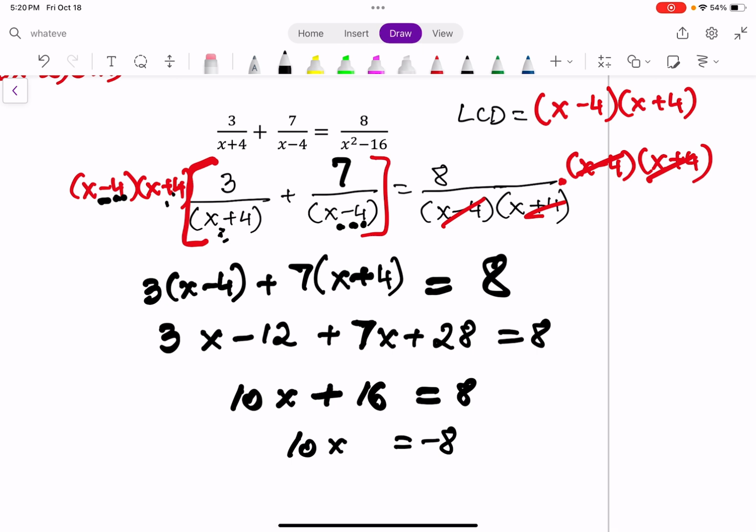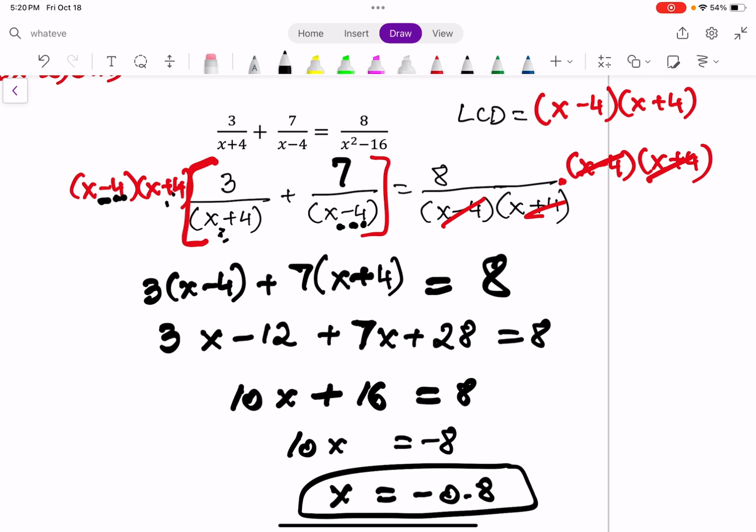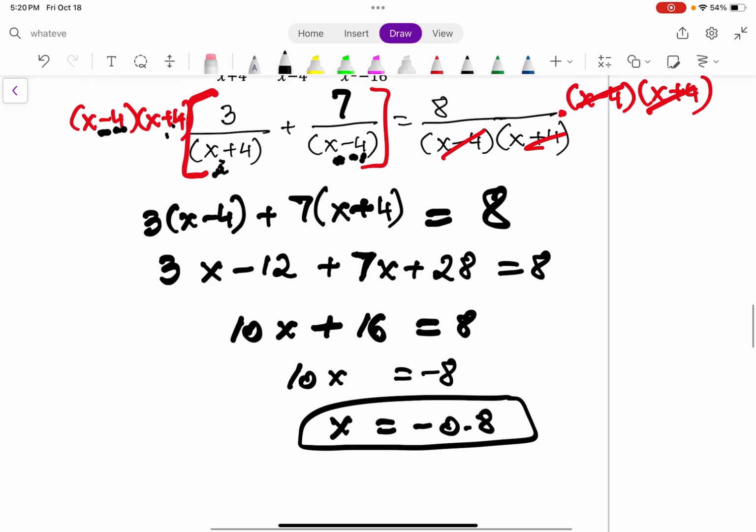That's what this is, a linear equation. So distribute, combine like terms, get the x's to one side, and the constants to the other, and at the end divide. So negative 0.8. And again, check. Negative 0.8 plus 4 won't be 0. Negative 0.8 minus 4 won't be 0. And definitely when you square it, minus 16, it won't be 0. So that's a good answer.